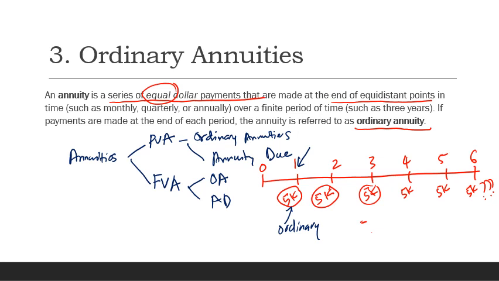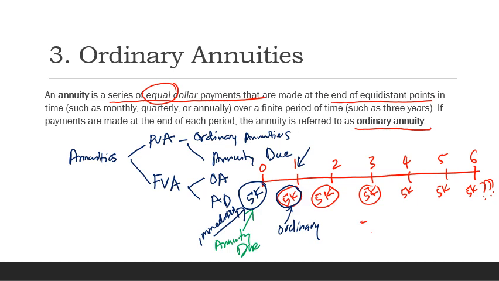The difference between ordinary annuity and annuity due is that if the 5K starts immediately, there will be 5K starting here, immediately, then it is an annuity due. So this is an annuity due because it starts immediately.